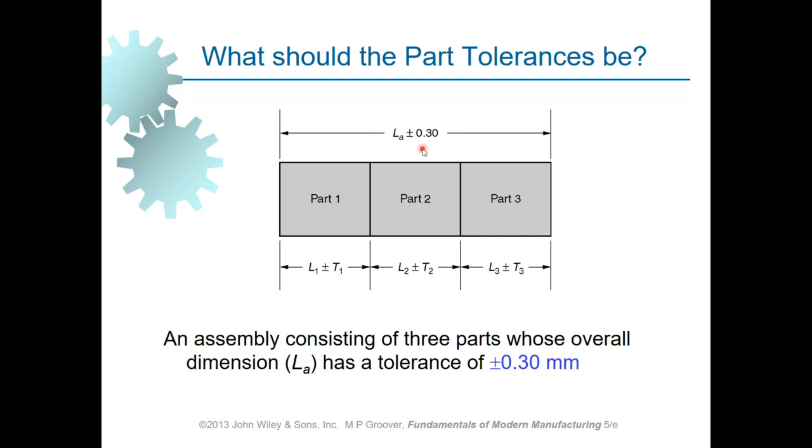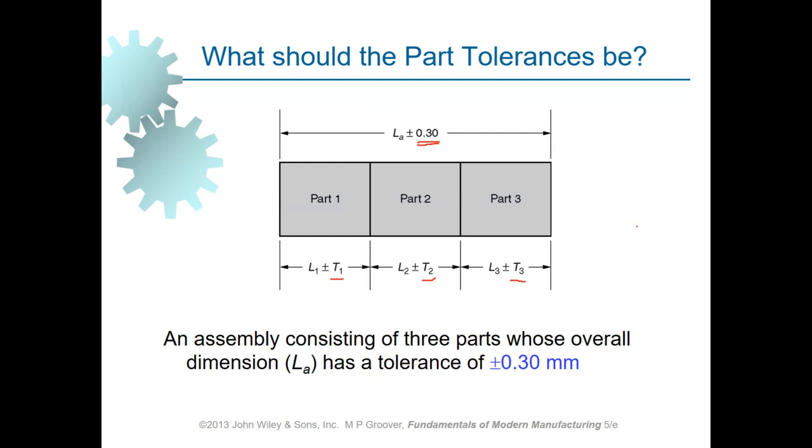Now we are asked to determine the tolerances for individual components which are assembled together, and those include T1, T2, and T3. If we know the value of the tolerance of the overall assembly to be equal to 0.3, how do we decide about the tolerances of T1, T2, and T3 for the individual parts?